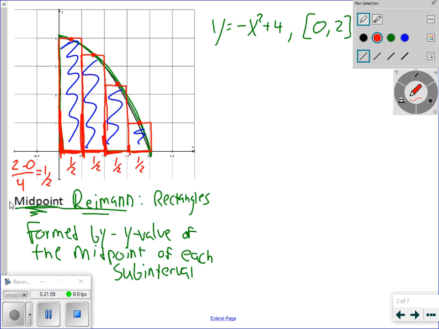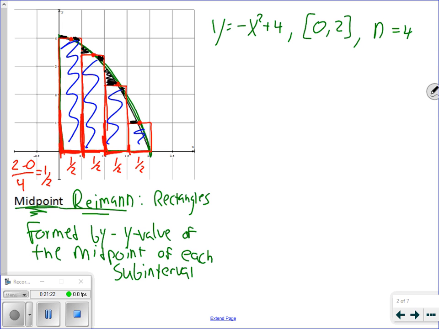So you have this piece on the outside, this piece on the inside, and so on. It's almost like you have part of the inside of the function and the outside of the function, and those kind of cancel each other out. So it's going to be a pretty dang close approximation. It's not going to be exact, but it's going to be a better approximation.